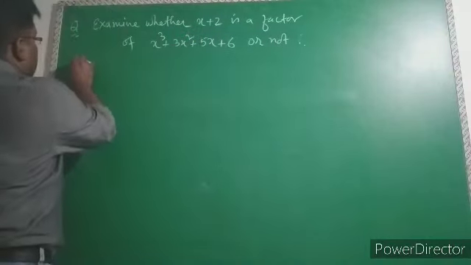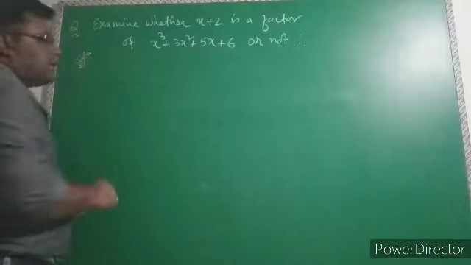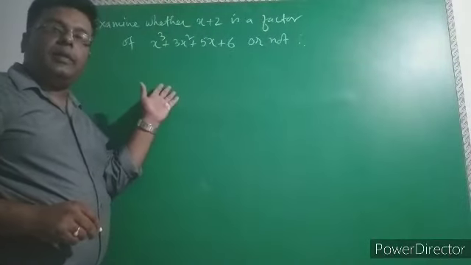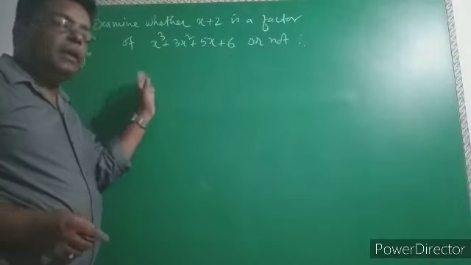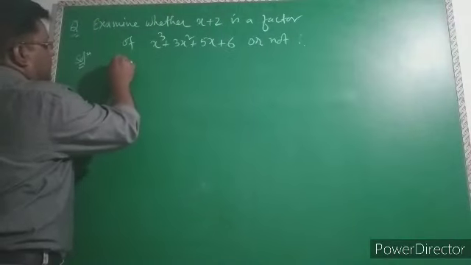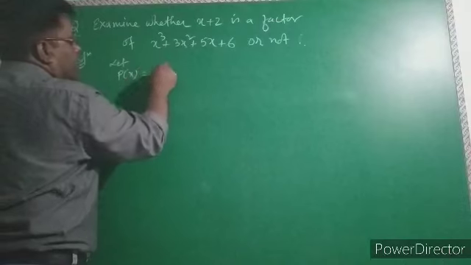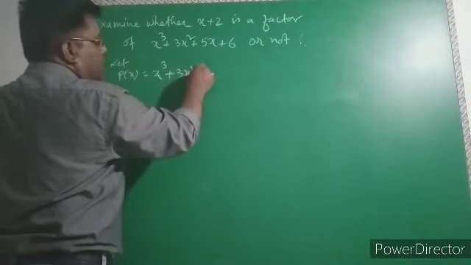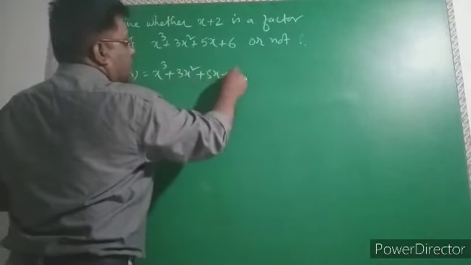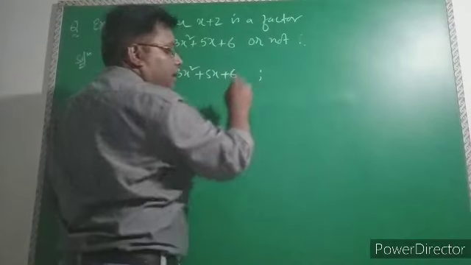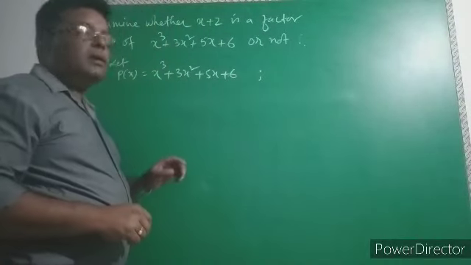The process is the same as finding the remainder using the remainder theorem. So first let p(x) equal x cube plus 3x square plus 5x plus 6, and what do you have to take?